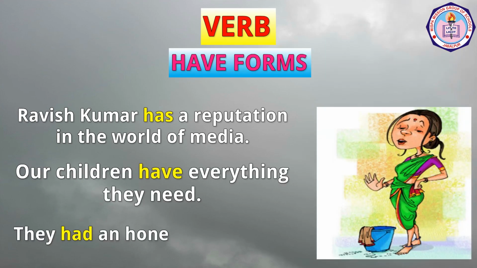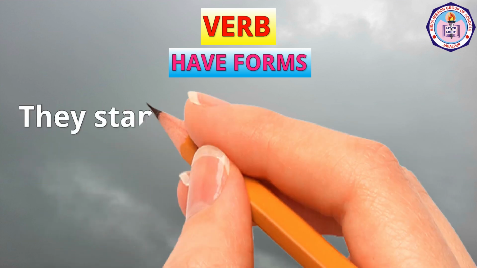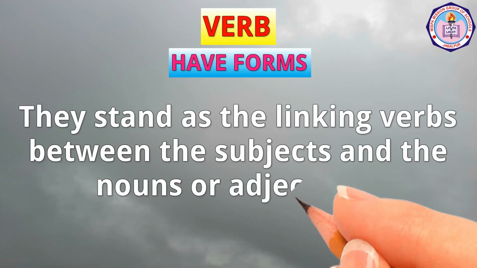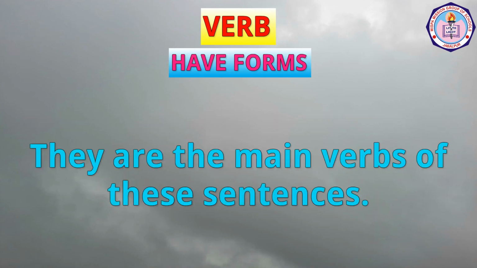They had an honest maidservant. All these sentences are state of being something. The verbs has, have and had are not the helping verbs here, as they are not followed by any action words. They stand as the linking verbs between the subjects and the nouns or adjectives. Hence, they are the main verbs of these sentences.